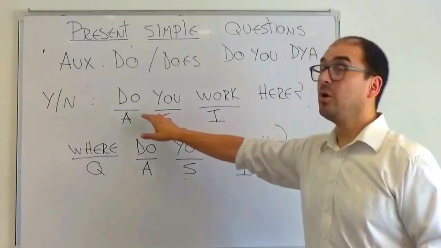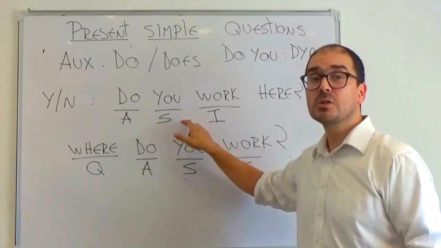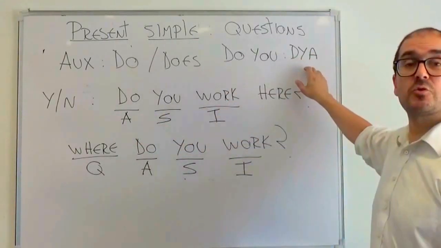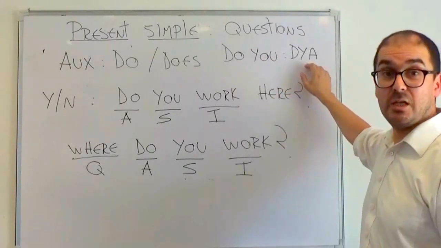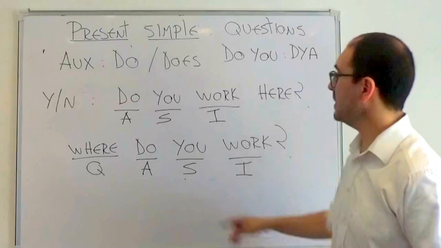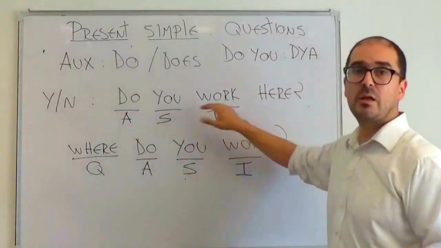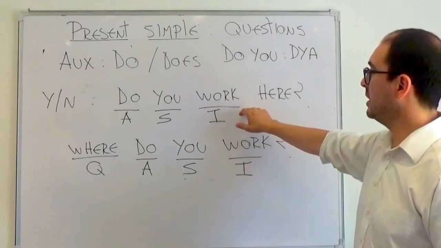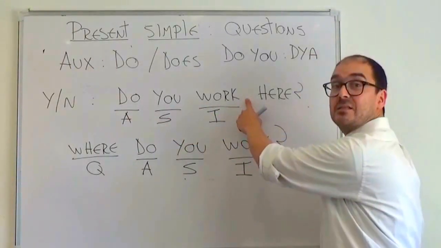It's not always perceivable, the difference between "do" and "you." So keep in mind that when traveling, "do you" usually sounds like "dya." Okay? We start with the auxiliary verb, subject, and then we use the verb. In this case, we don't use S's here.